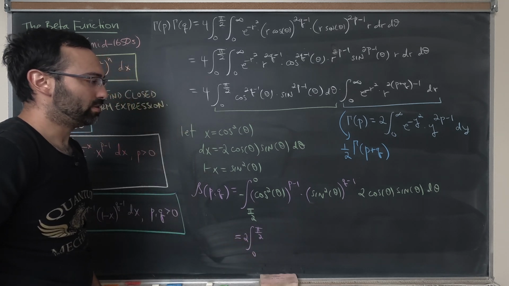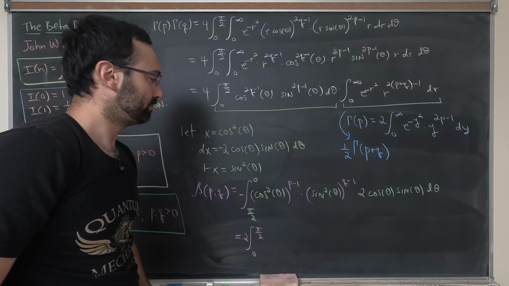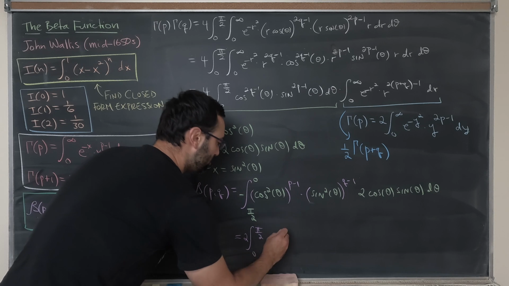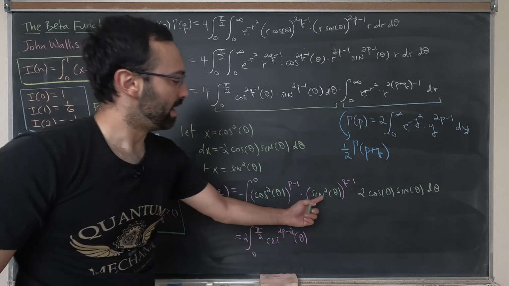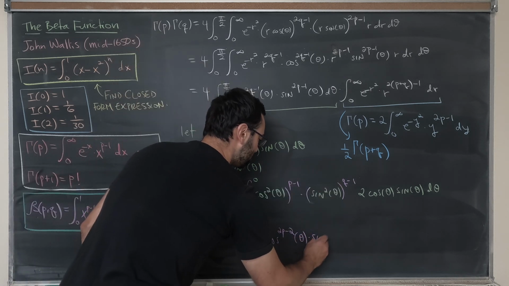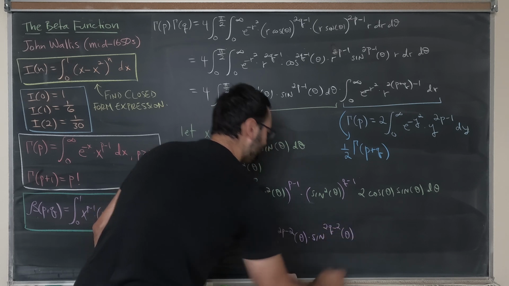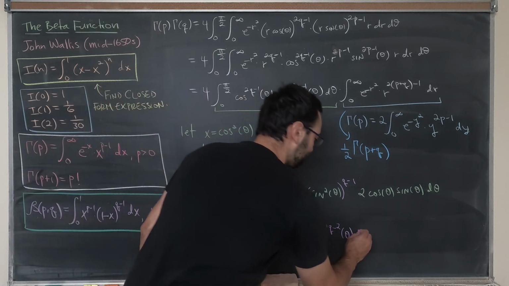And then we're left with this to the power p minus 1, which is cos to the 2p minus 2 of theta. And here we have sine squared to the power q minus 1, which is sine to the 2q minus 2 of theta, times cos theta sine theta d theta.